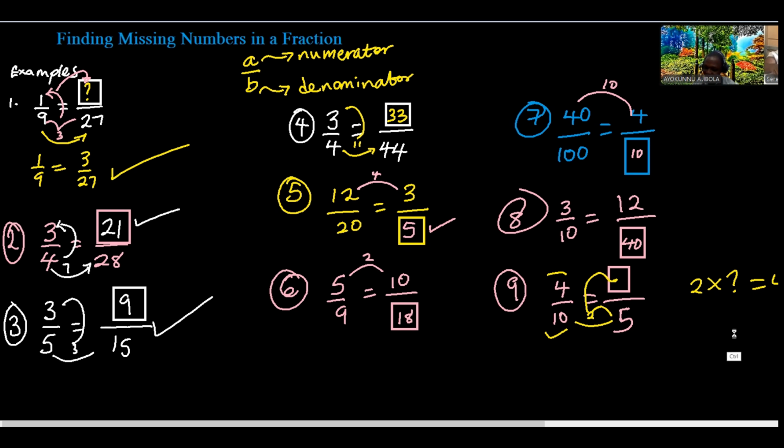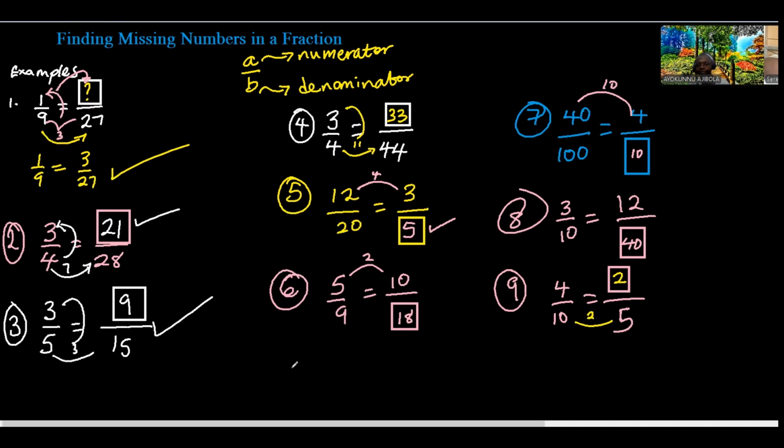Okay. Is that clear now? So here we have 2. And it makes sense if you cut it down, 2 here, 2, 2 here, 5. That's 2 over 5. Okay?